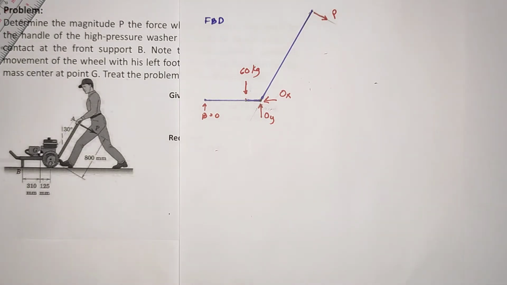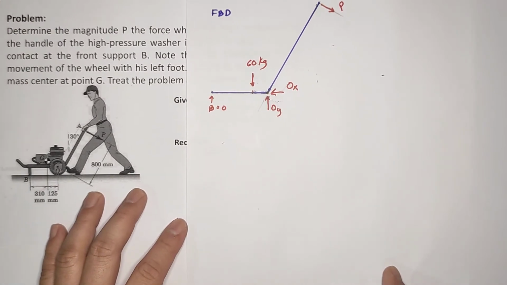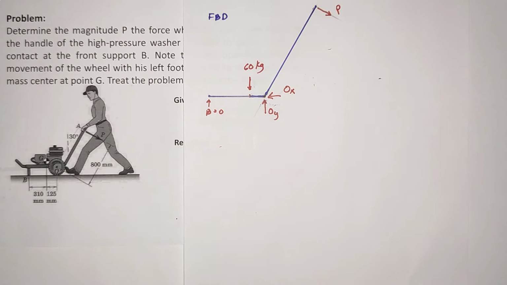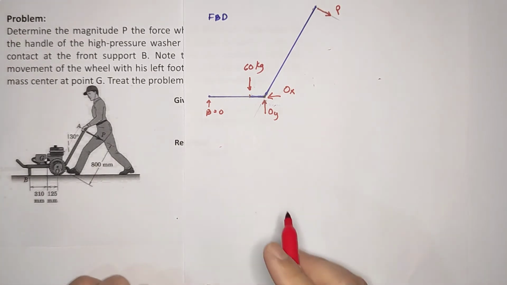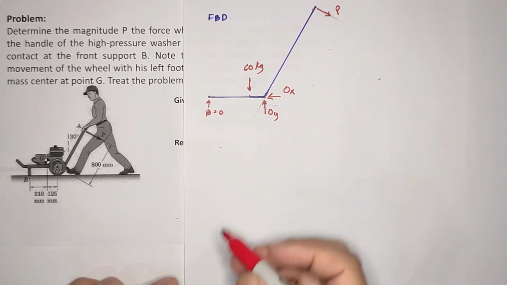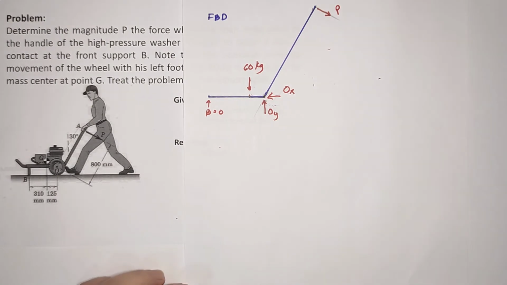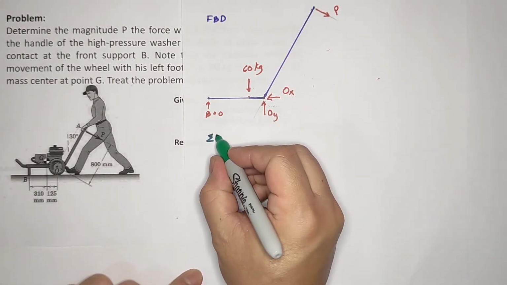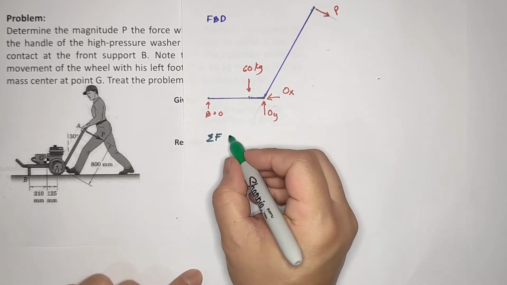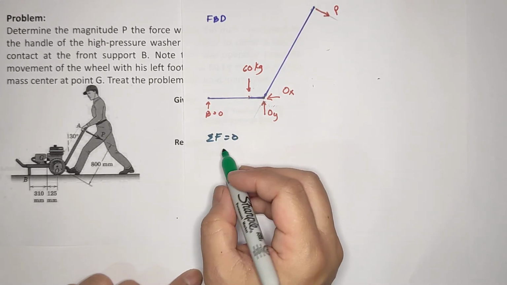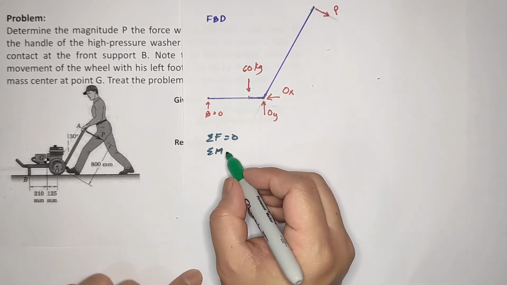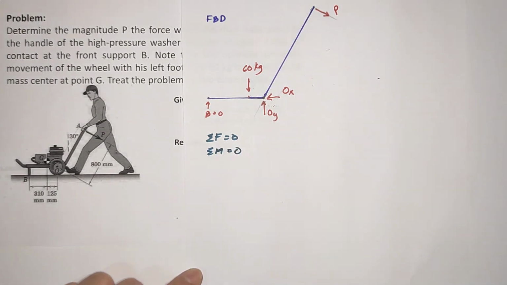So how to do that? This is in equilibrium, meaning there's no acceleration involved, or it's not moving, it's not rotating. So for equilibrium, you have the equations: summation of forces in x and y equals 0, and summation of moment in x, y, z, that's 3-dimensional, equals 0, but in this case this is 2-dimensional.